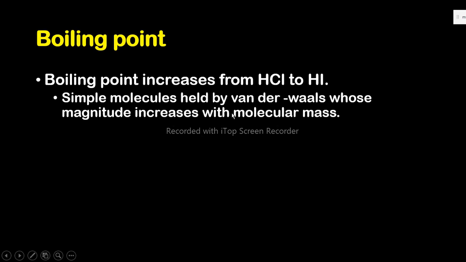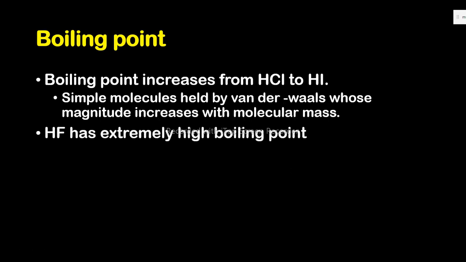They are simple molecules with simple covalent structures, held together by intermolecular van der Waals forces of attraction, whose magnitude increases with molecular mass. We talked about that, and from hydrogen chloride to hydrogen iodide, the molecular mass increases, and so the boiling point increases.